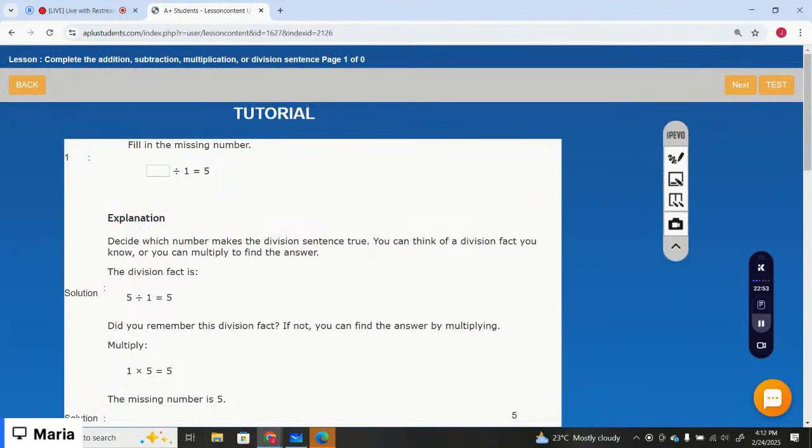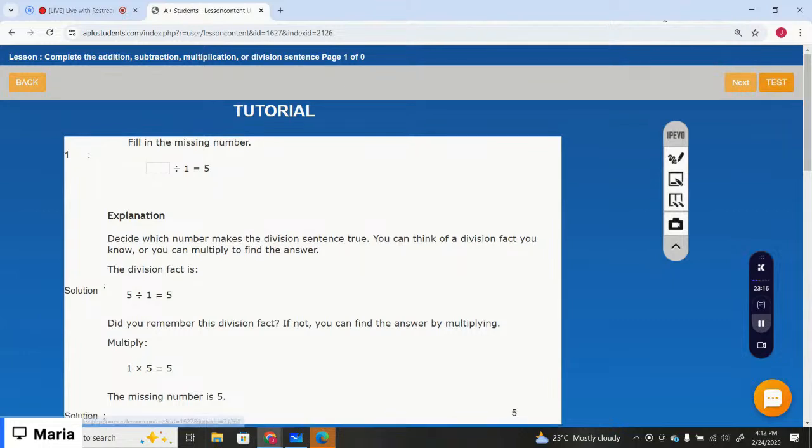Let's start with the lesson. Let's start with the test questions.